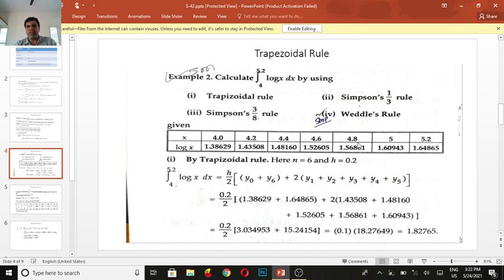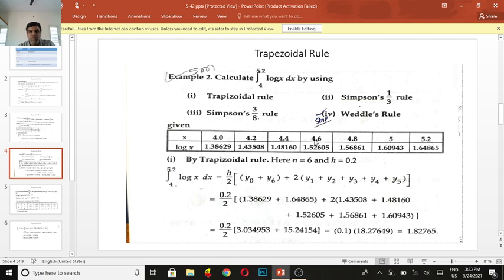If x is 4.8, the corresponding value of log x is 1.56861. If x is 5, the corresponding value is 1.60943. If x is 5.2, the corresponding value of log x is 1.64865.